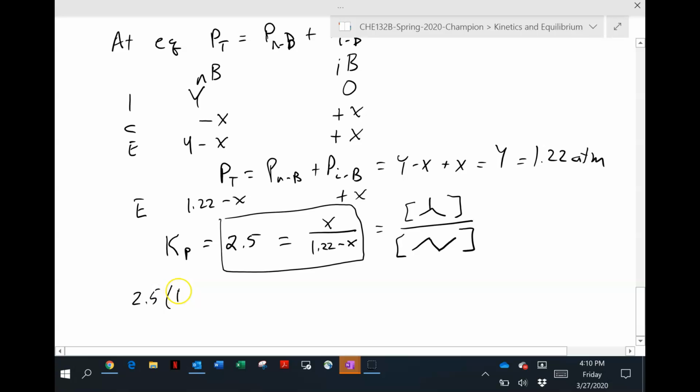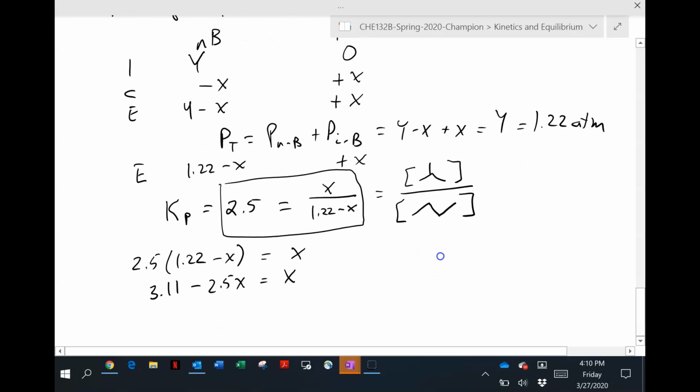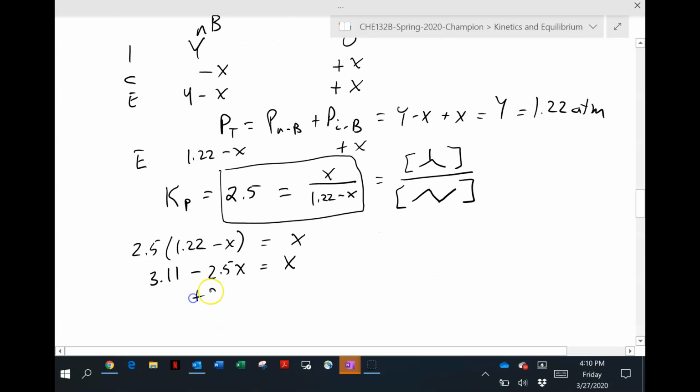2.5 times 1.22 minus X is equal to X. So 2.5 times 1.22 is going to be something like 3.11, minus 2.5x is equal to X. And then we'd add 2.5x to each side. So we wind up over here with 3.11, and over here we wind up with 3.5x.